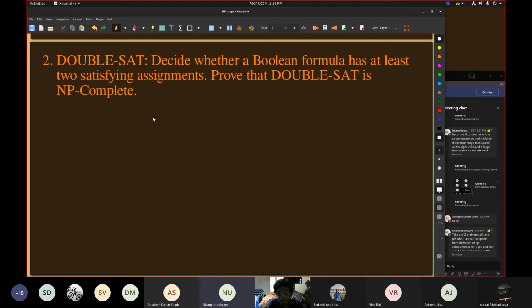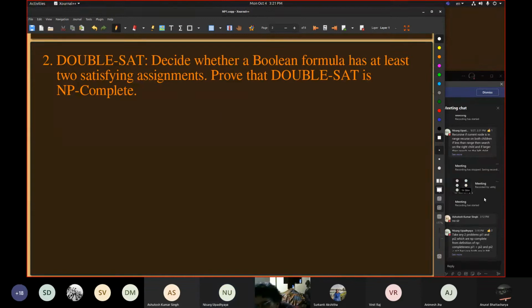Then, if and only if the original problem which was given in SAT is satisfiable, then if xn is 1 we have a solution, and if xn is 0 we also have a solution. Otherwise, there is no solution because the original problem does not have any solution.